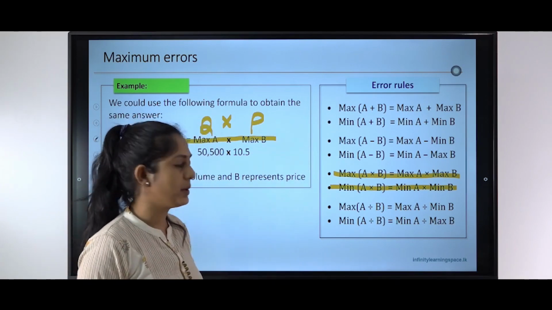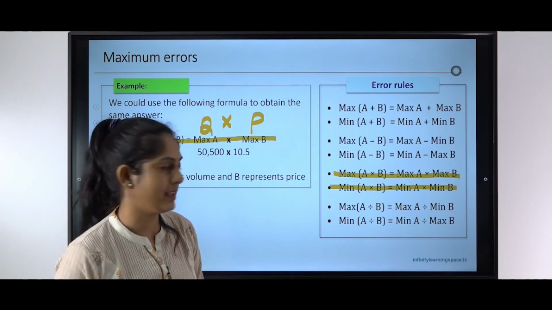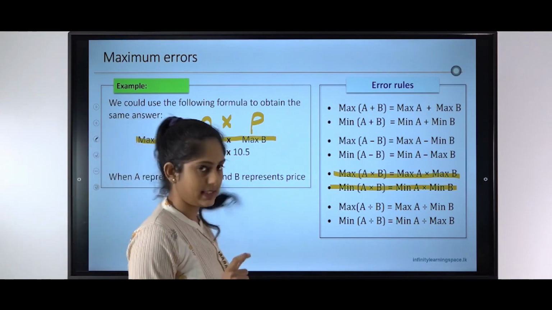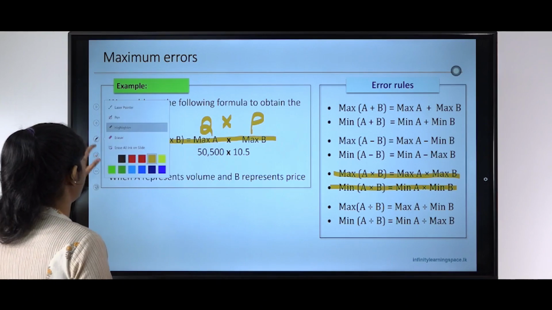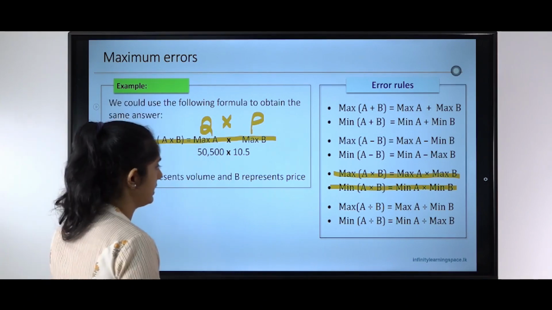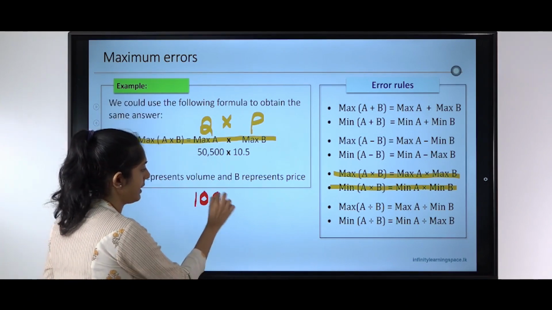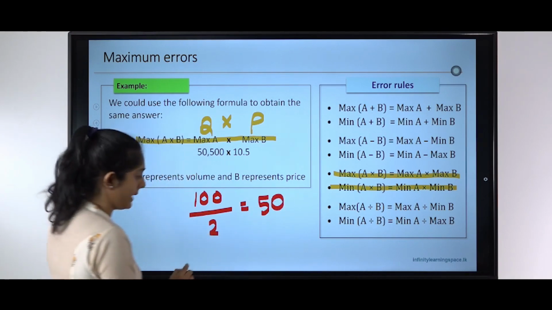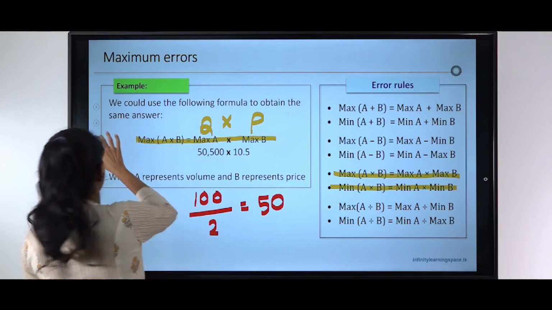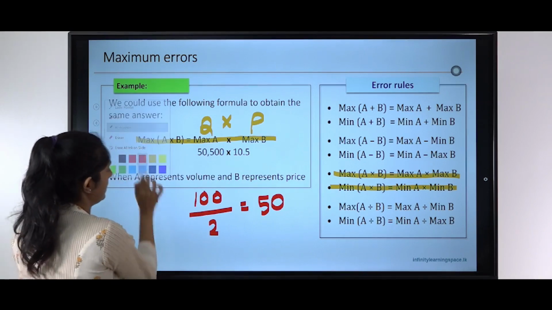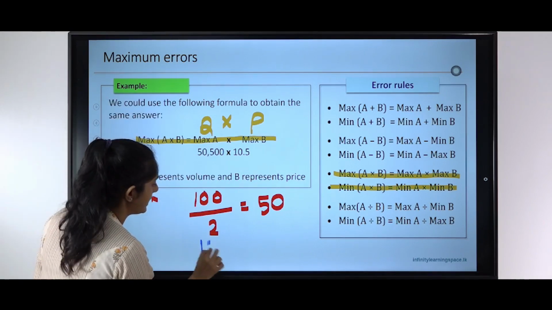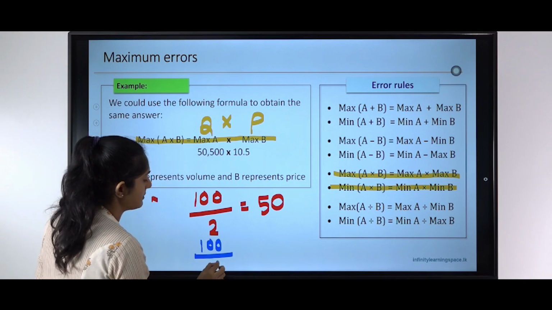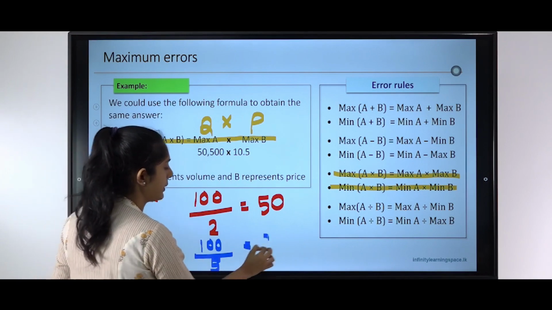If you need to do anything with a division, if you want the maximum, let's say 100 divided by 2 will give you 50. But 100 divided by 5 will give you 20.